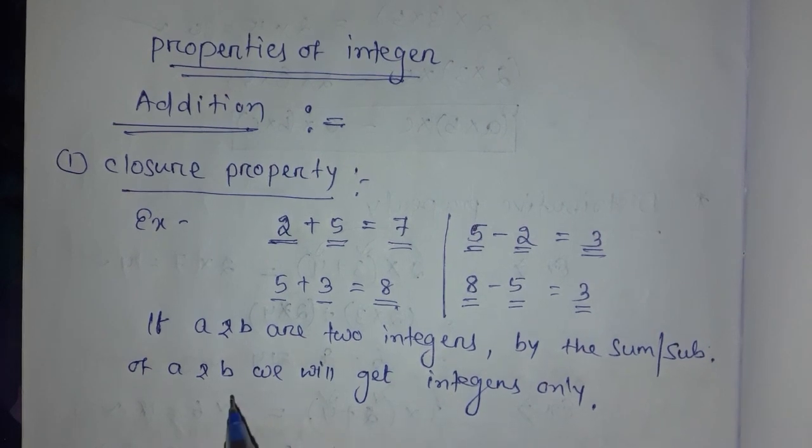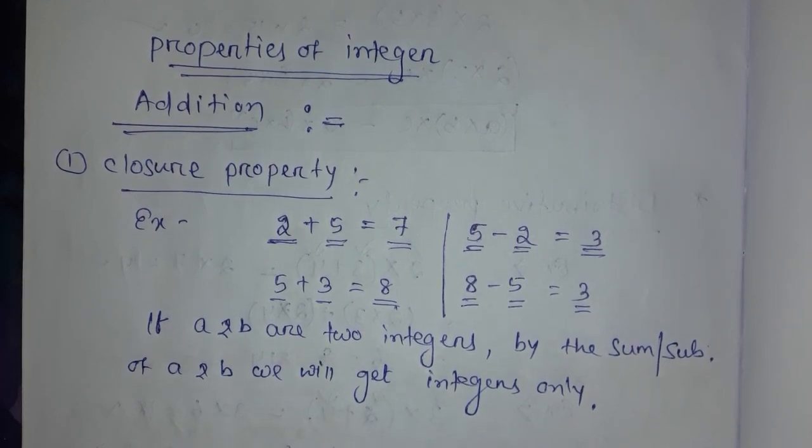That means if we add or subtract any integers, we will get integers only. That is the closure property.